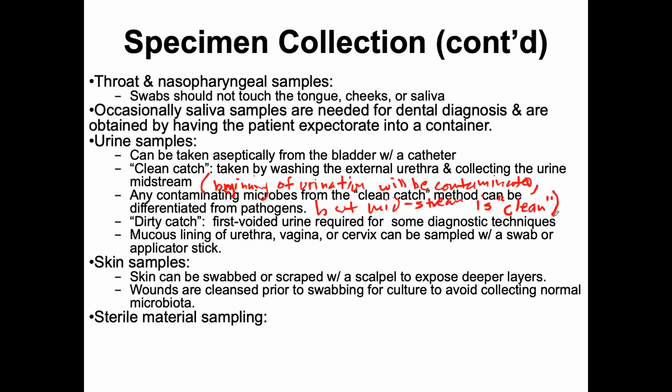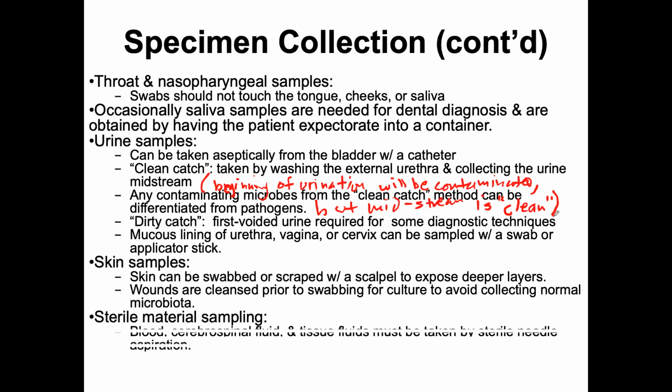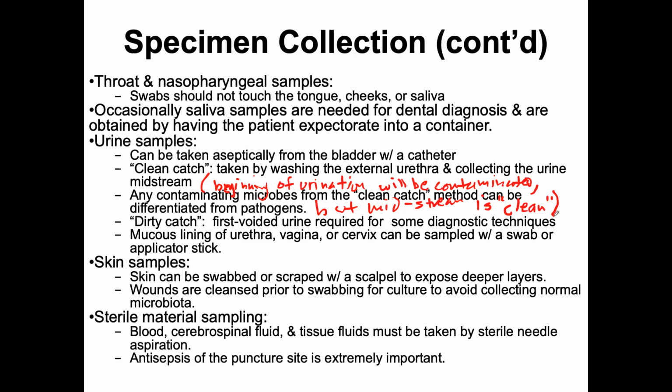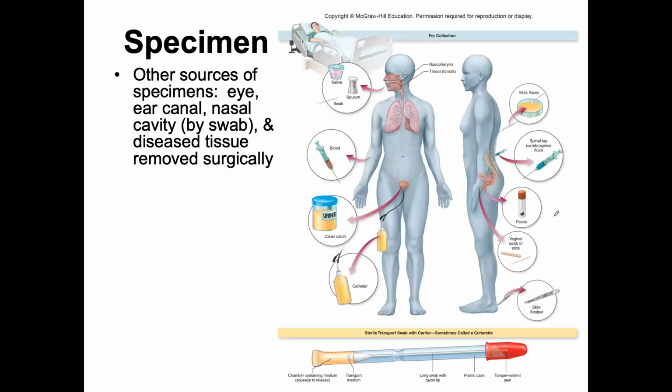Sterile material includes blood, CSF, and tissue fluid that are removed by sterile needle. Antisepsis of the puncture site is important, so usually an alcohol wipe to avoid a lipid embolus, and then maybe some betadine. Other sources of specimens are the ear canal, nasal cavity, and tissue that's been removed surgically.